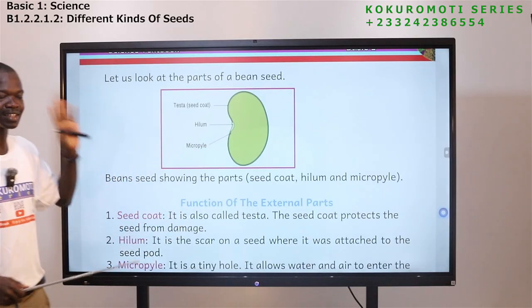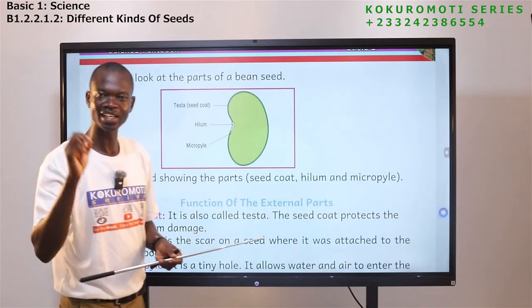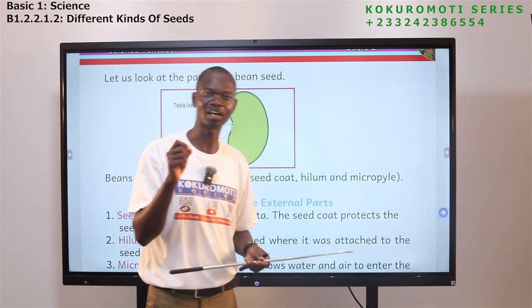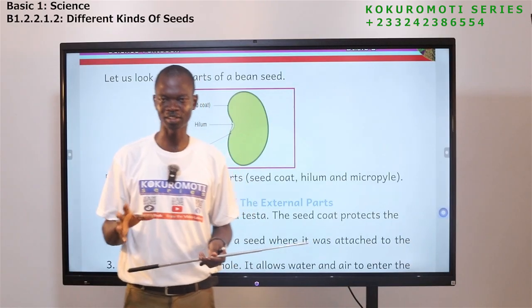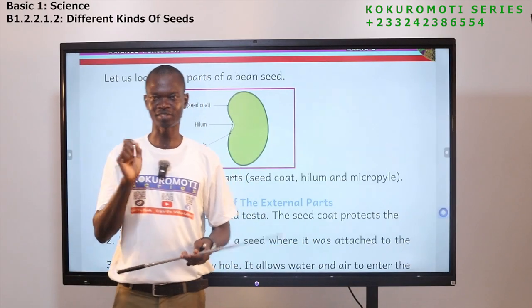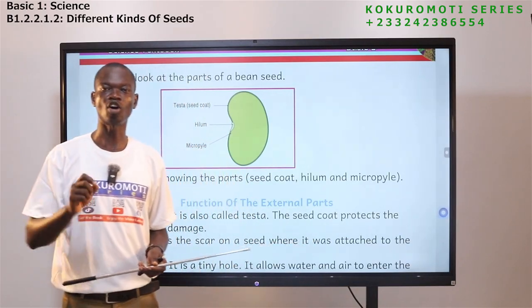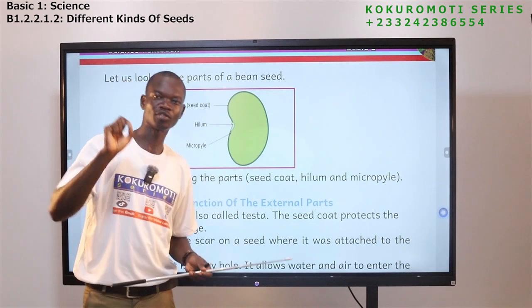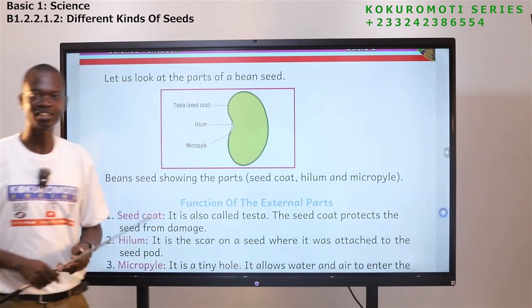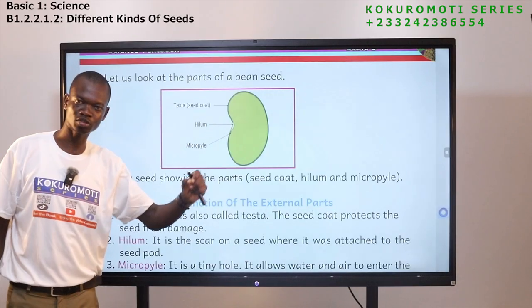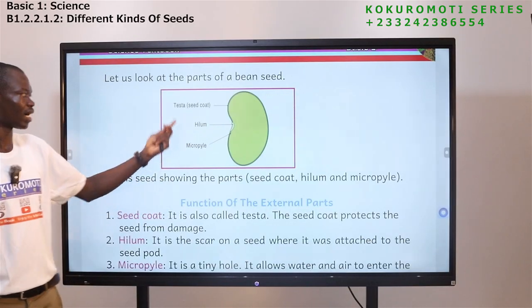So today, these are the things that we have learned. Take any seed that you can find and try to identify these parts for me. Look out for the covering, which is the tester or the seed coat. Look out for the part that looks like a scar, the part that was attached to the pod, which is the hilum.